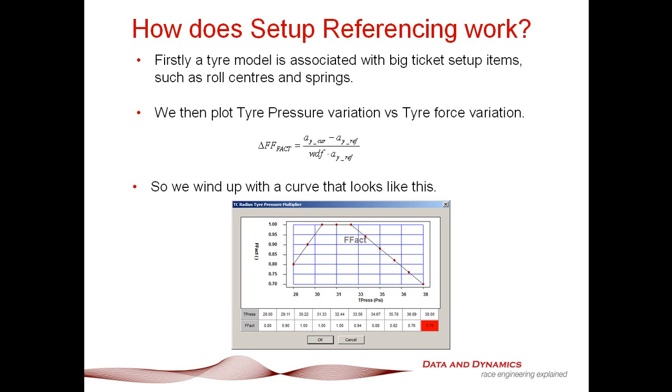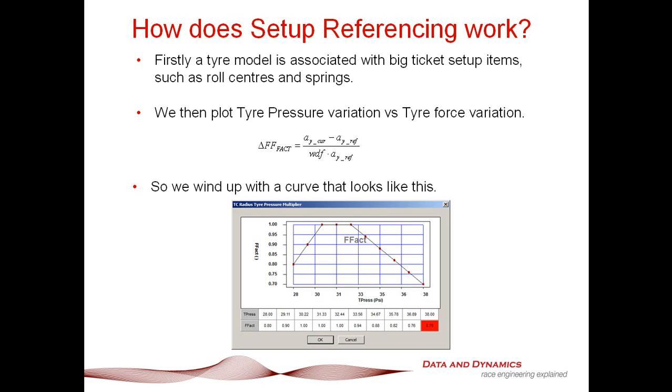Now this can be in the order of about half a pound, depending on the sensitivity of your tires. For example, for something like an open wheeler or a very, very tire pressure sensitive tire, you might only use about 0.2 of a PSI per step. Or with something like a saloon car, you might go half a PSI, a pound PSI. A lot of it's going to be dictated by the tire.